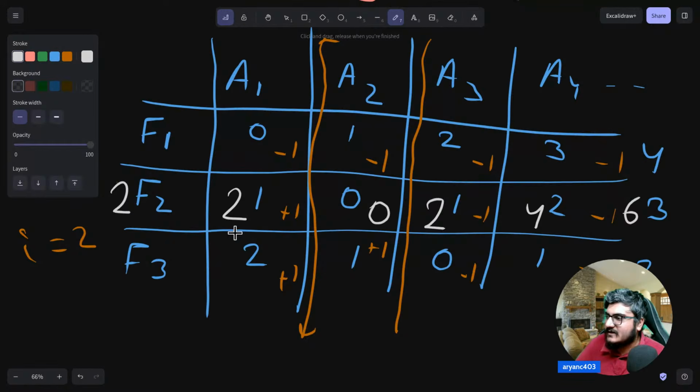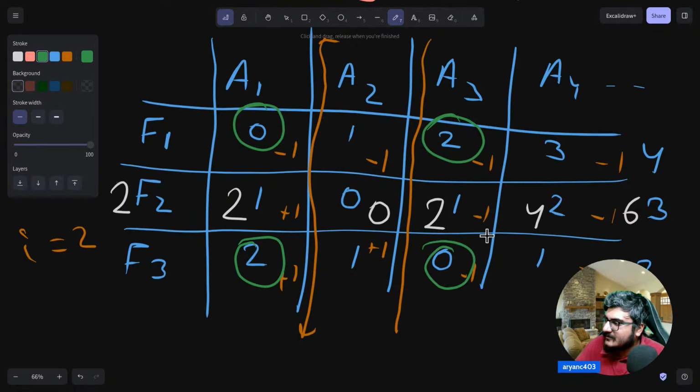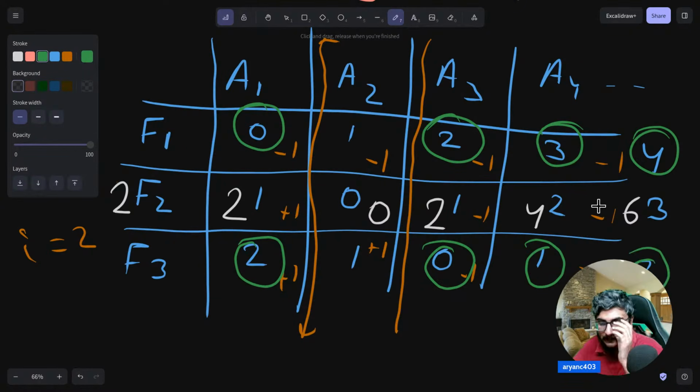And if you notice, this 2 is nothing but the sum of these two elements. Here it doesn't hold. Sum of these two elements is 2. Sum of these two elements is 4, which is the number in white. Sum of these two elements is 6, the number in green, and so on.